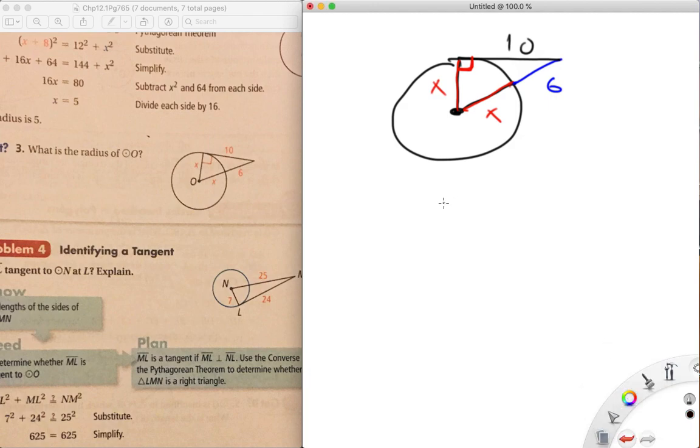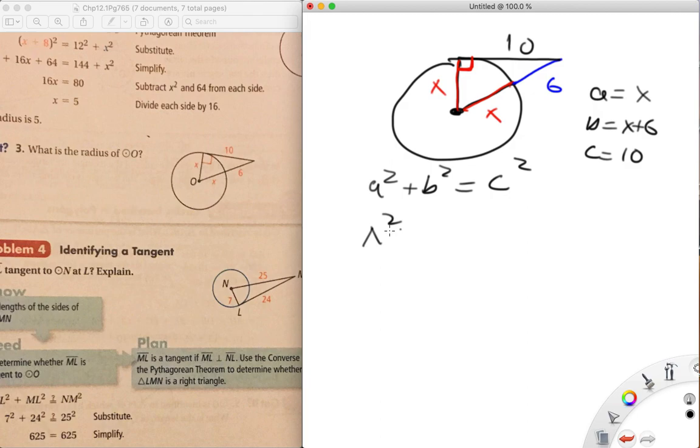So we can use the Pythagorean theorem. A will be X, B will be X plus 6. We add these two guys together, and then C would be 10. So A squared plus B squared equals C squared. So A is X squared.